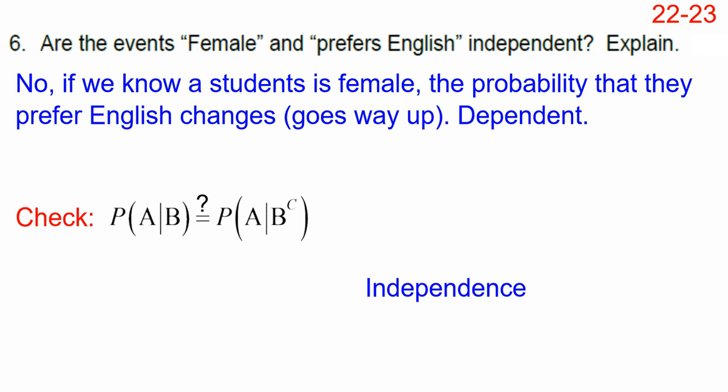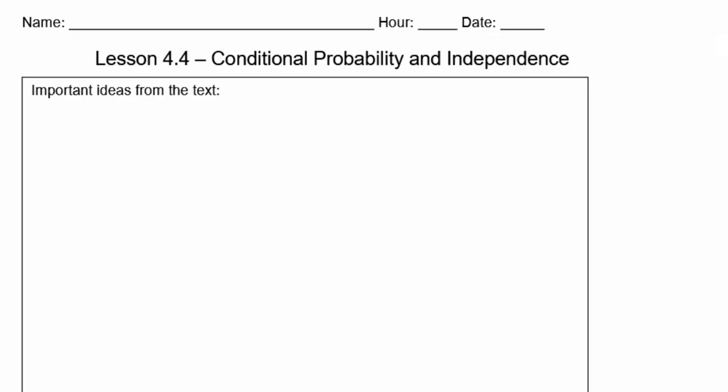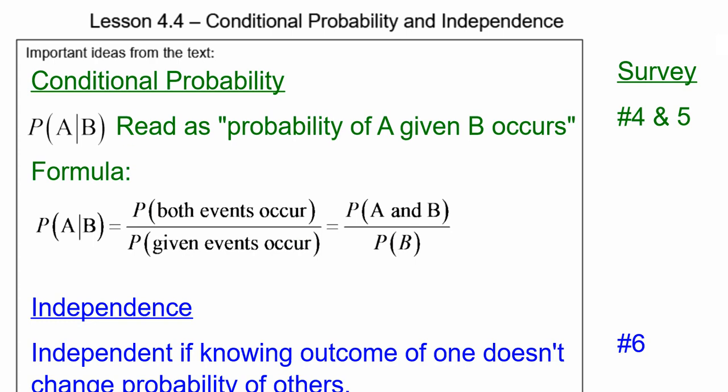So let's see what our big ideas from today are. One, we talked about conditional probability. So again, if we see that notation kind of like P, and inside the parentheses we've got A given B, we read that as the probability of event A occurs given B occurs. So it's typically reducing your total, that sample size that you're looking at.